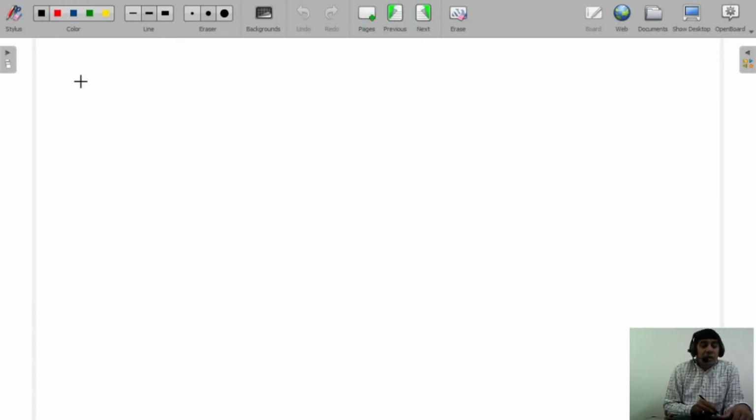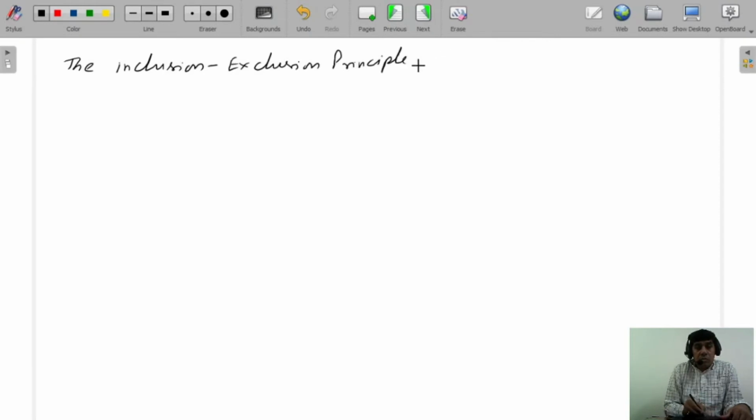Next, the inclusion-exclusion principle of sets. What is the inclusion and exclusion property? Inclusion and exclusion principle.